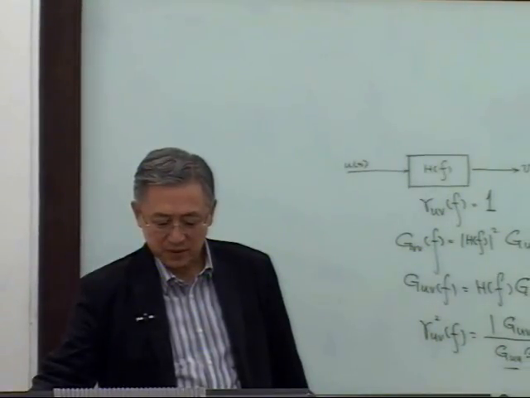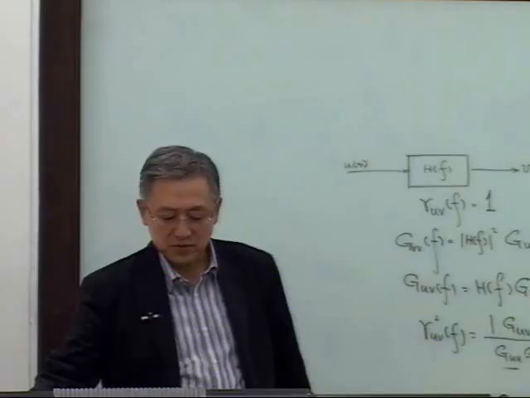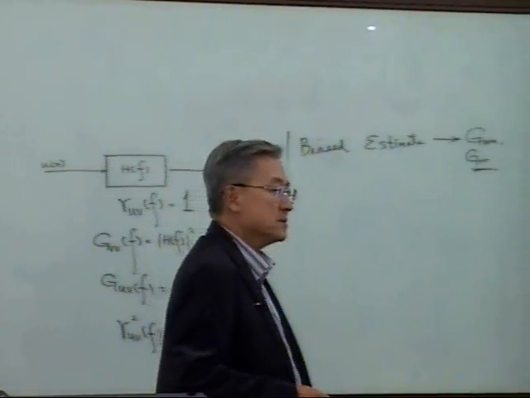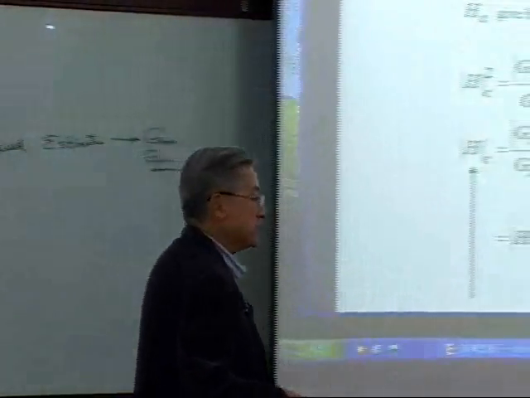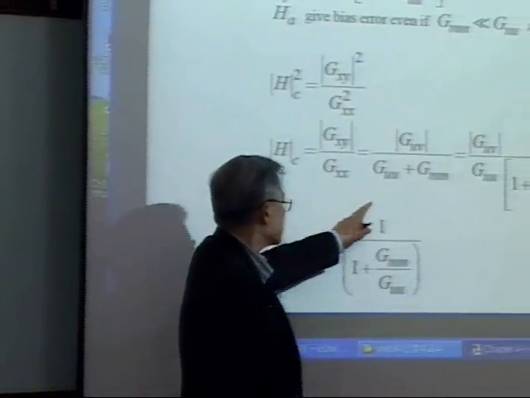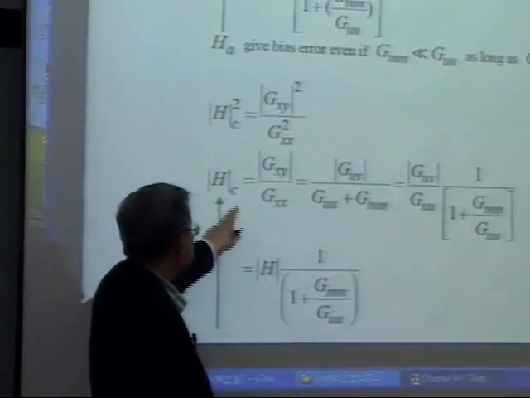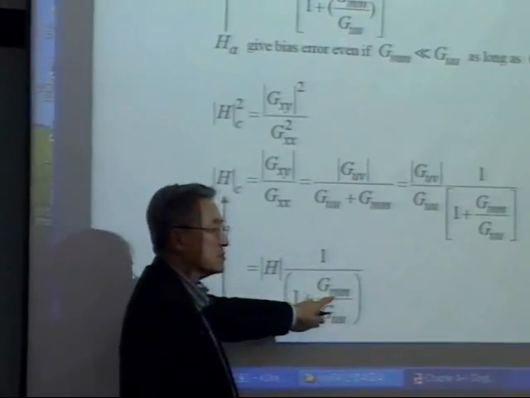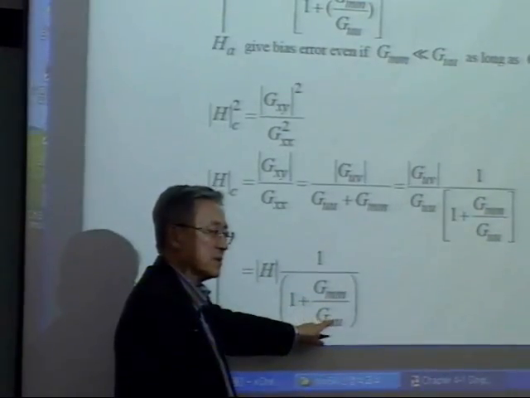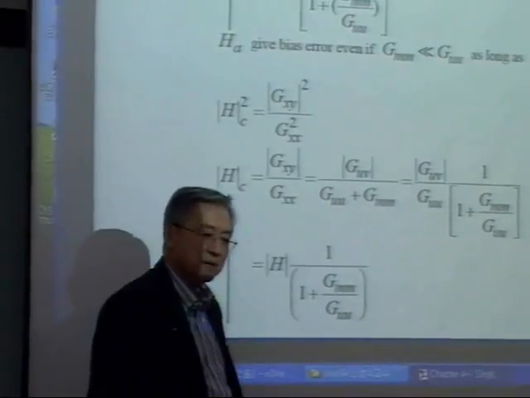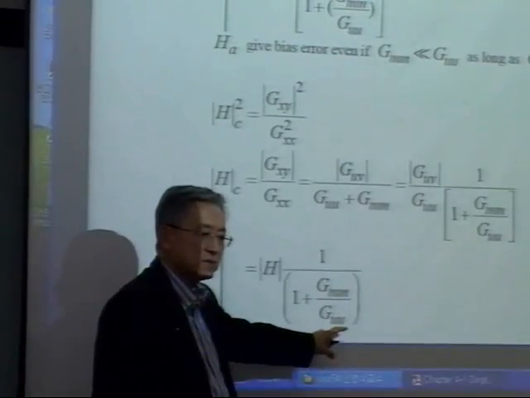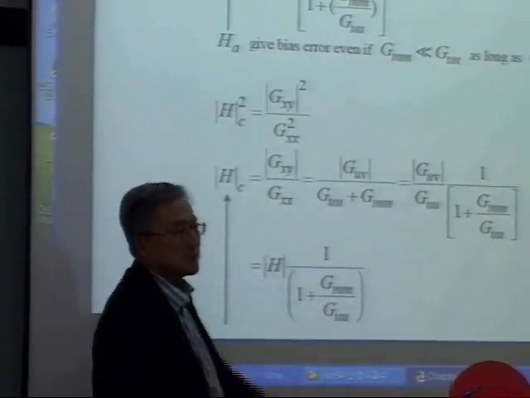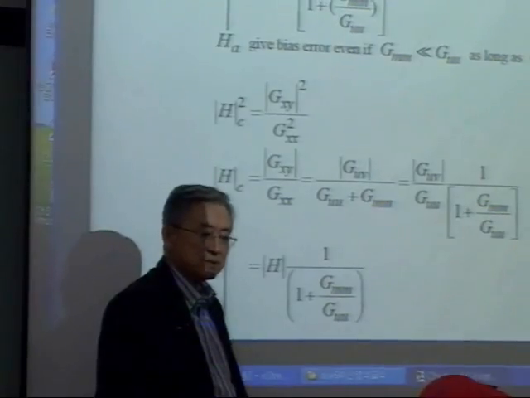If you look at here, this is not a function of output noise, isn't it? You buy that? Jamin, this term is the estimate of H_C squared. The H_C absolute has no output noise in here. Even if the output noise is very high, it's not a function of output noise. But the other one is a function of the output and the input noise.